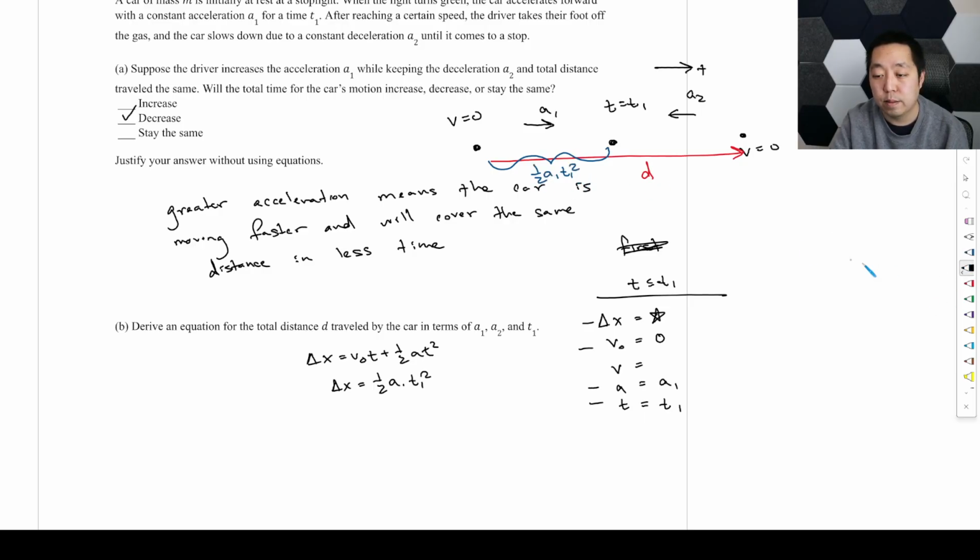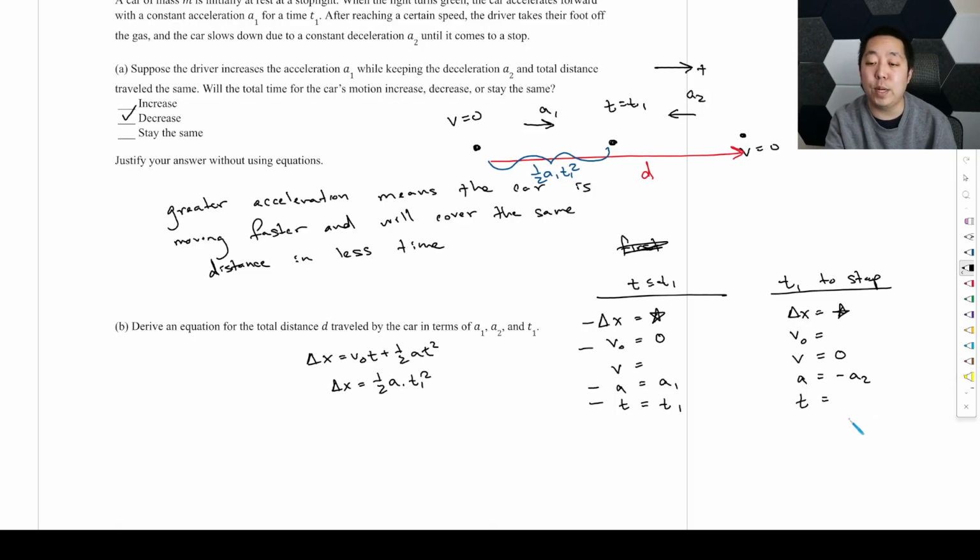Now the second part of the motion, from t1 to stop, we're again going to list out the kinematic variables. Again, we want to know the displacement. The initial velocity is not stated in the problem, the final velocity is 0. The acceleration is negative a2 because it's pointing to the left; we said right was positive. And we also don't know the time. So we don't have enough pieces of information.